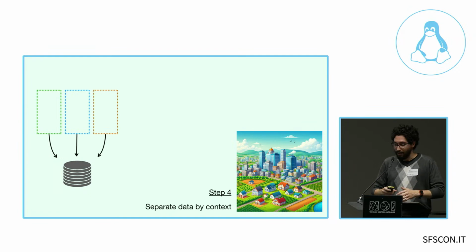The idea is actually to split this, as in this illustration here of a city, where you can see there's a more commercial part that has big buildings, but it's separated from a countryside part that has smaller houses and some farms. So the idea is to keep following these divisions of purposes, of domains, also in the database.